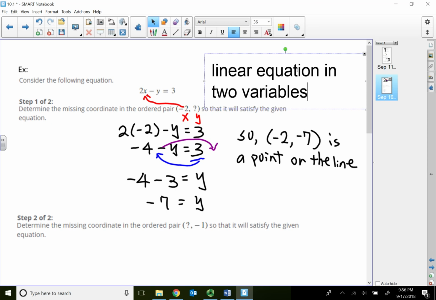It's still a linear equation because the variables are to the first power. That's what the word linear means. The word linear also means a straight line. But now I've got two different kinds of variables, so that establishes two different dimensions. One variable is one dimension. One dimension, a perfect example, is a straight line.